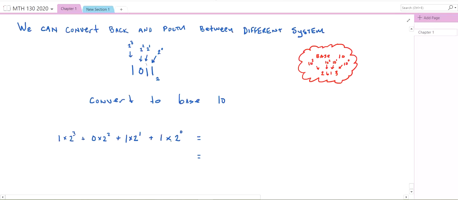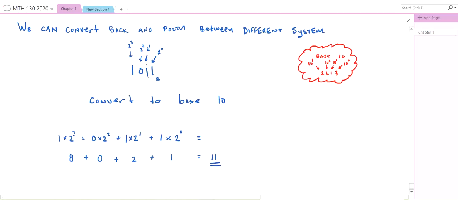So 1 times 1 is 1, plus 1 times 2 is 2. 0 times this, well, 0 times anything is 0. And 1 times 2 cubed. 2 cubed is 2 times 2 is 4 times 2 is 8. So 1 times this is 8. So 8, 9, 10, 11. So this represents 11.